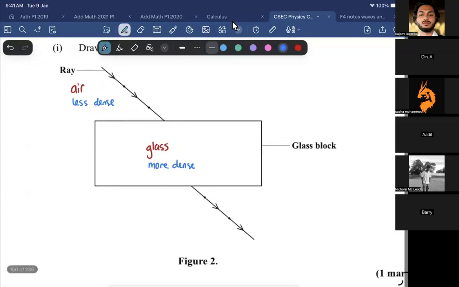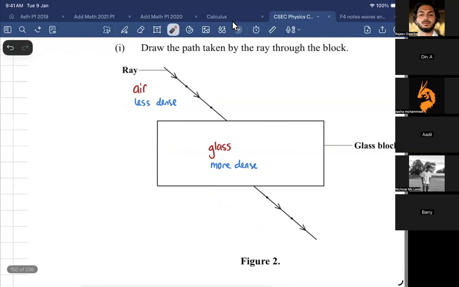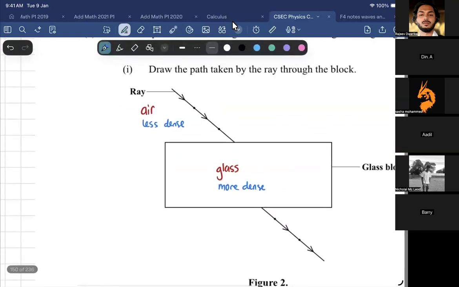Okay, and then you'll have to draw in the light ray over here, right? But then it goes back to air. Now, remind me, Nikolai, when you are going from a less dense to a more dense medium, the refracted ray bends what?